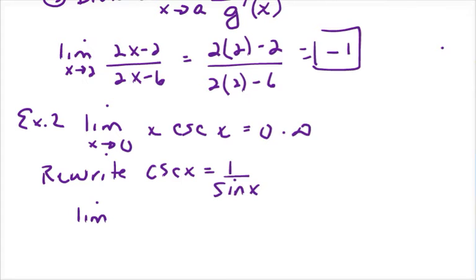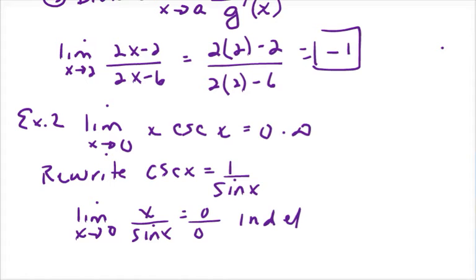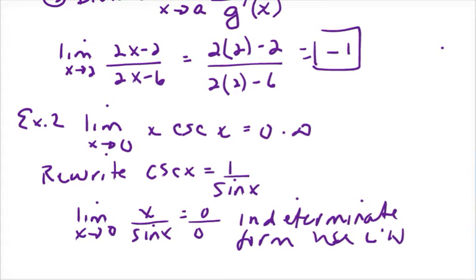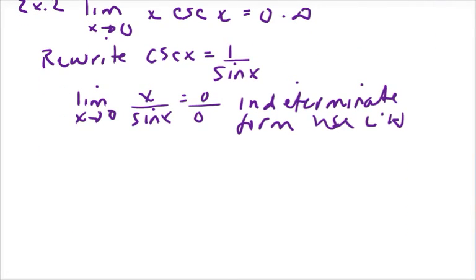Now, when I try and take the limit of this, I get 0 over 0, which is an indeterminate form that I can use L'Hopital's rule on. So we're going to use L'Hopital's. In this case, f of x is equal to x, g of x is equal to sine x.